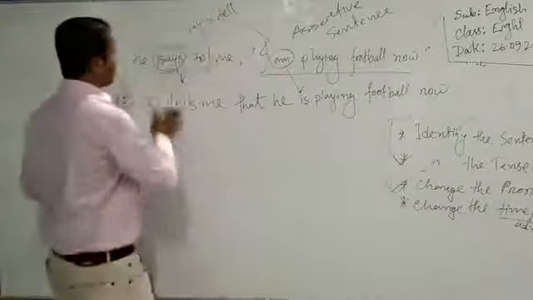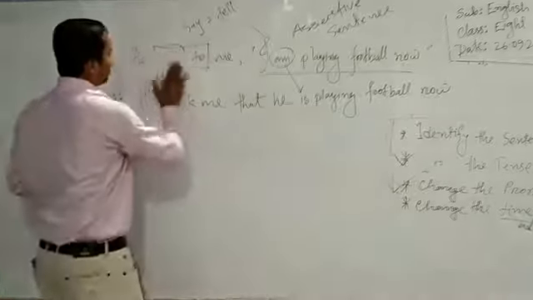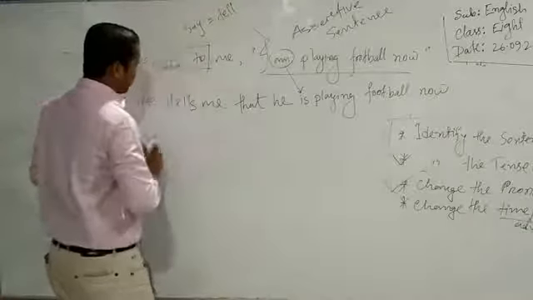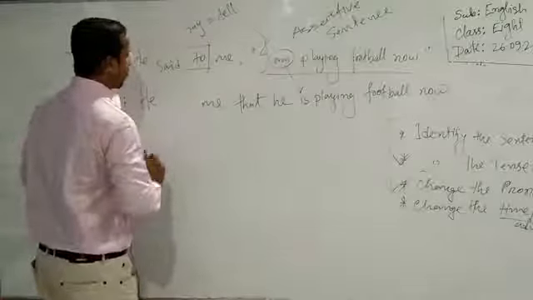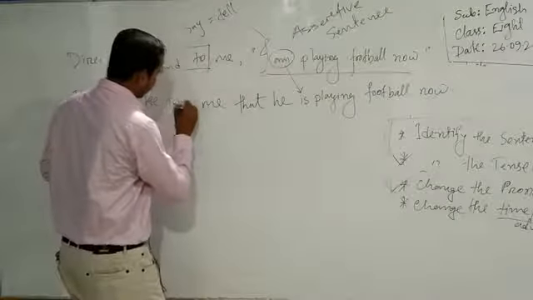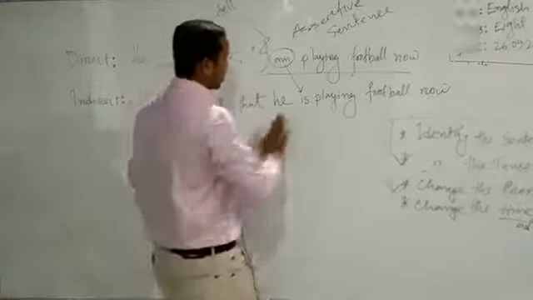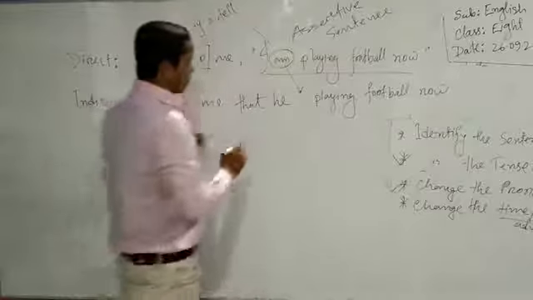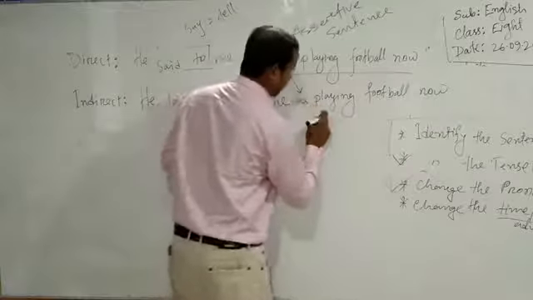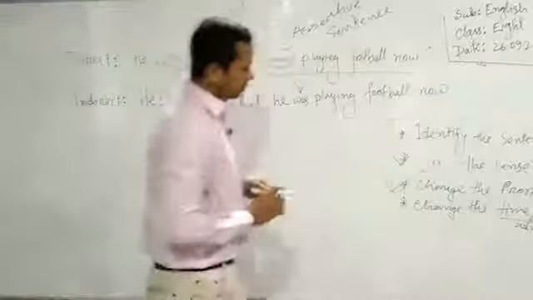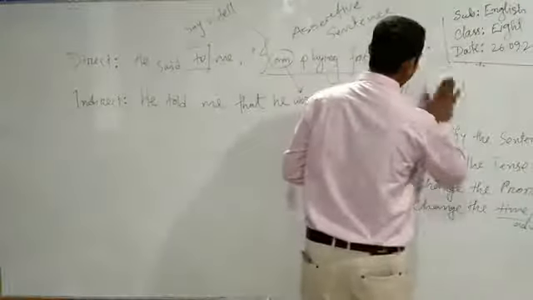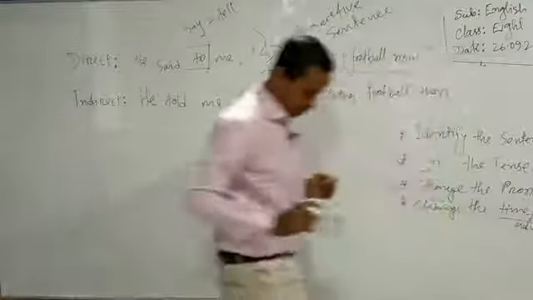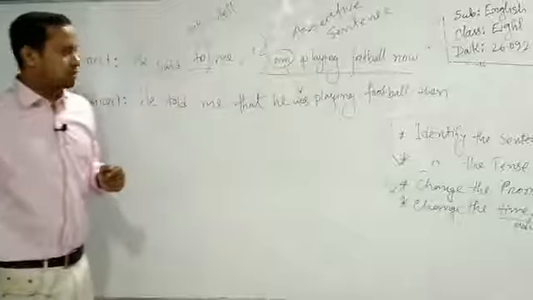If the verb may be said to me, then we should write he told me that he, in past form, as the reporting verb is in past form, he was playing football. Then we have to change the adverb: now must be changed into then.